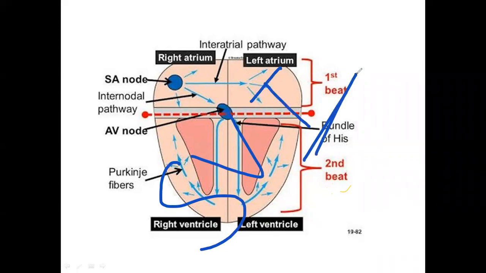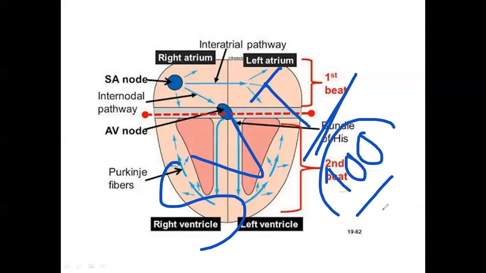It means more than the normal heartbeat, more than 100 per minute. When tachycardia is produced from the atrium, we call it atrial. Atrial flutter, atrial fibrillation depends upon the number of beats.